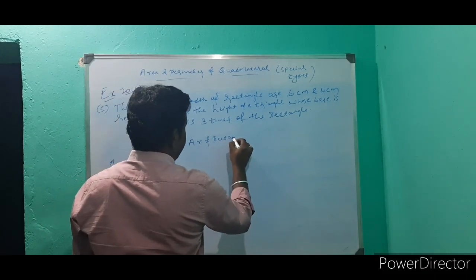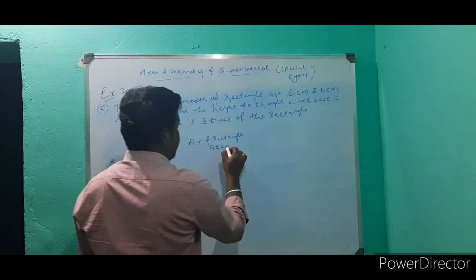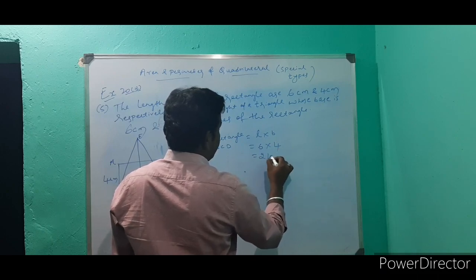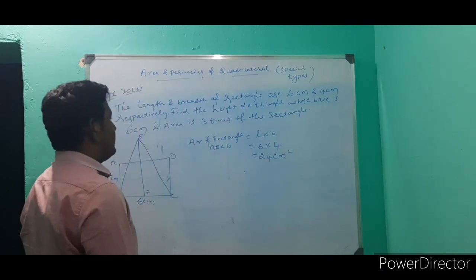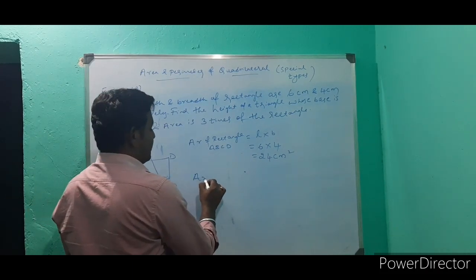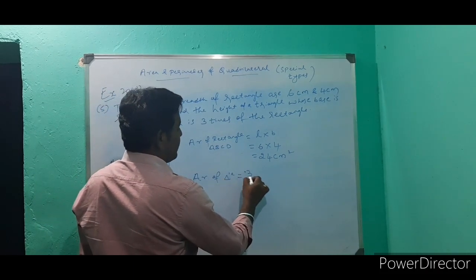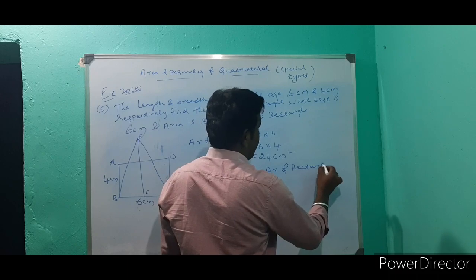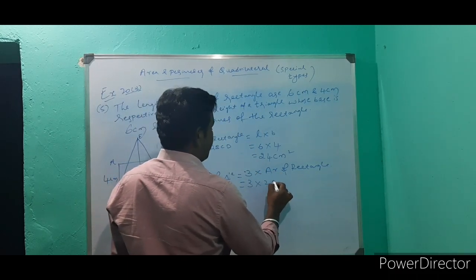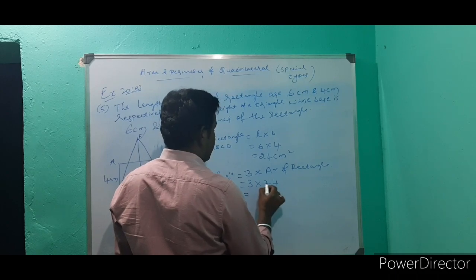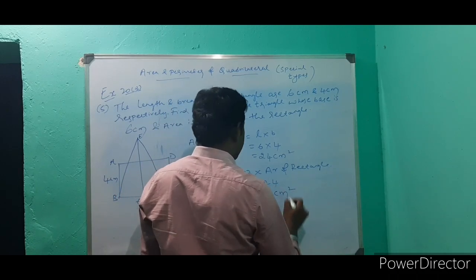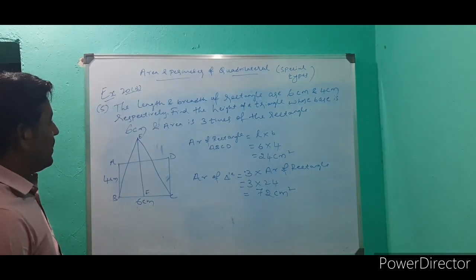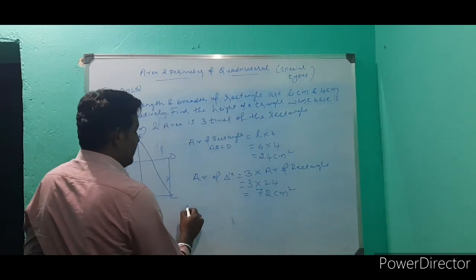Area of rectangle ABCD is equal to length into breadth. Length is 6, breadth 4, that is 24 centimeter square. Area of triangle is equal to 3 times of area of a rectangle. That is 3 into 24. 3 4s are 12, 3 2s are 6, 72 centimeter square. Now we want to find the height of the triangle.